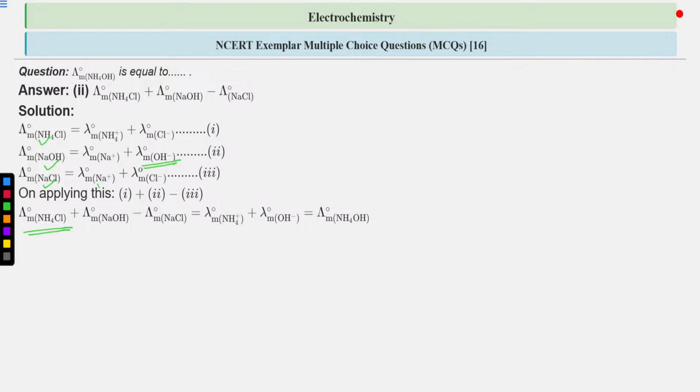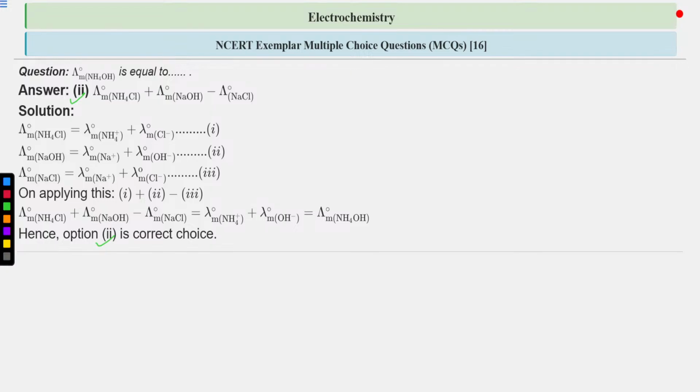Na positive will cancel out as one is positive and one is negative, and Cl negative will also cancel out as one is positive and another is negative. What we get after first plus second minus third is equal to lambda naught m of NH4OH. Hence, we have the correct answer as option 2.